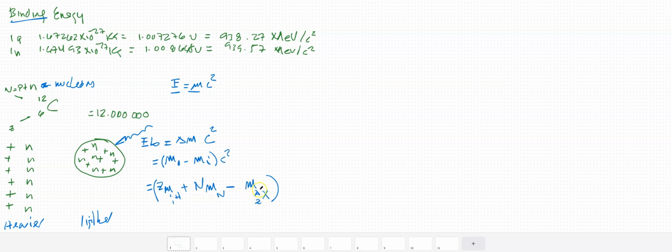This one includes the electron. That's why here we put protium instead of just the proton mass. We put whatever mass of protium you find on the table in the book. And then here we're going to put the speed of light, which is c squared.